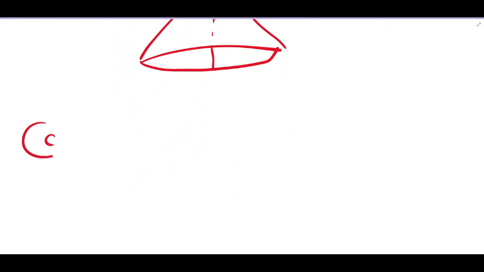So next is when beta is equal to alpha. When beta is equal to alpha, we get a parabola.